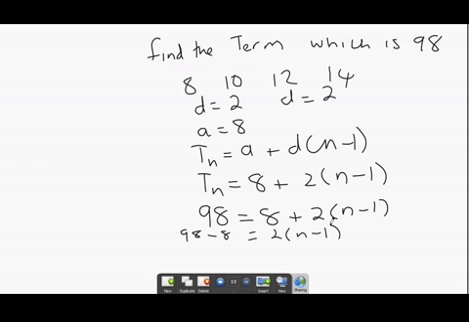Now if that is 98, I'm going to have 90 is equal to 2 bracket n minus 1. Now I can simplify it in many different ways. So in this case, it will be 90 is equal to 2n minus 2, which then will become 90 minus 2 is equal to 2n.